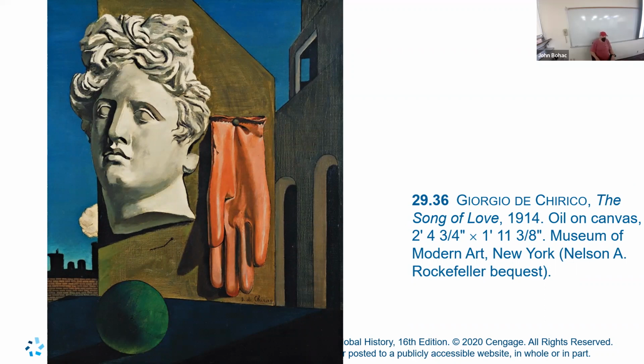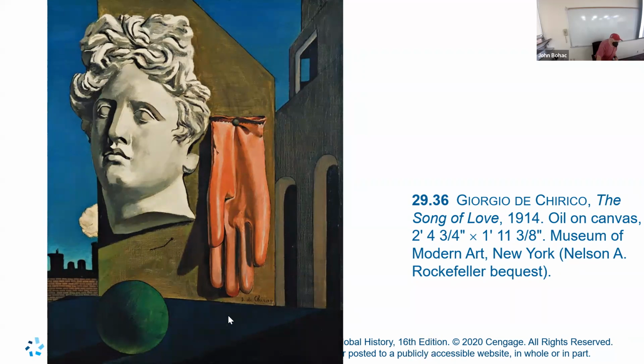It was pretty much a rejection of the old. But De Chirico, in his own way, is still using some of those same techniques that were developed in those years from the Renaissance to the mid-19th century.